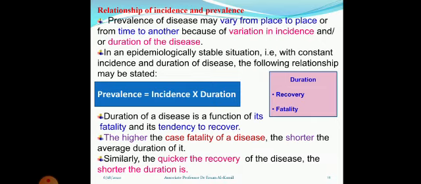If the disease is recovered from quickly, we have low prevalence, while if the disease is fatal, we also have low prevalence. But if the disease is not fatal and the patient can live with appropriate treatment or intervention for a long period of time, that means there is a long duration, so the prevalence will increase.